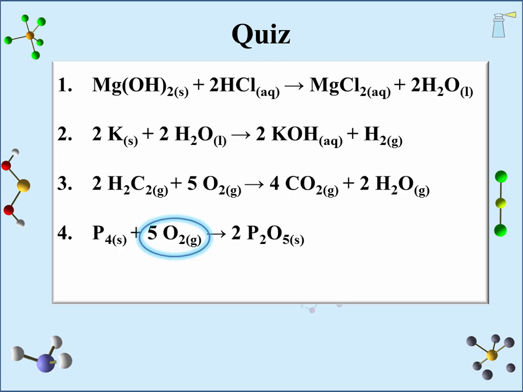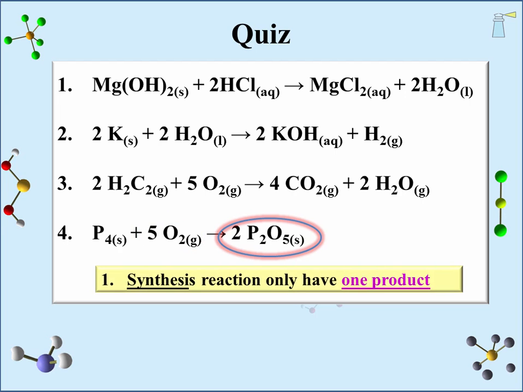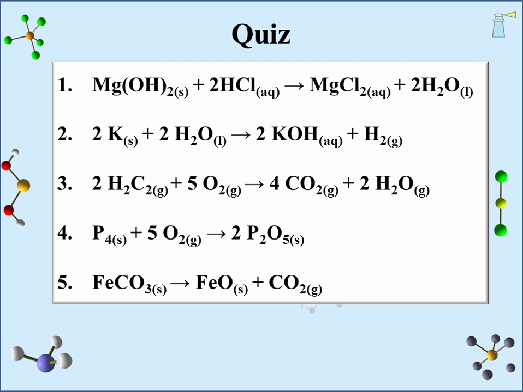The driving feature, however, is a single product, and that is a tip for synthesis or addition reactions. To be fair, this reaction could fall under the redox umbrella, but given our current level of study, it is better suited for synthesis.